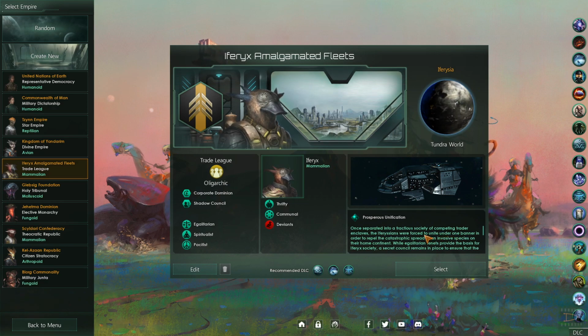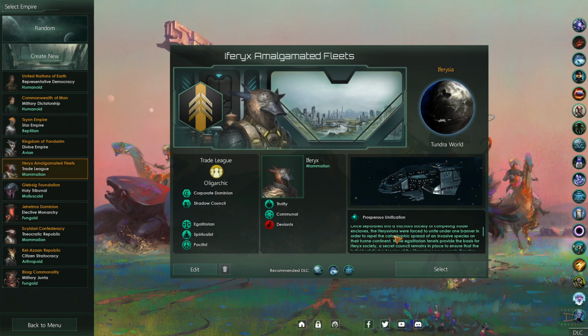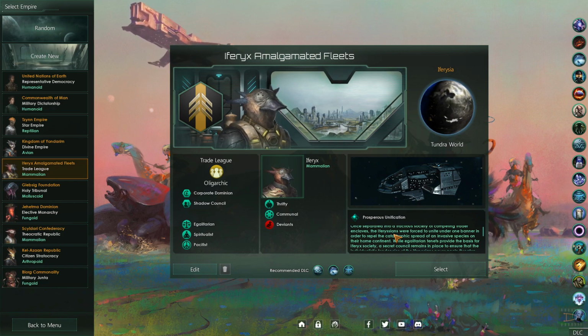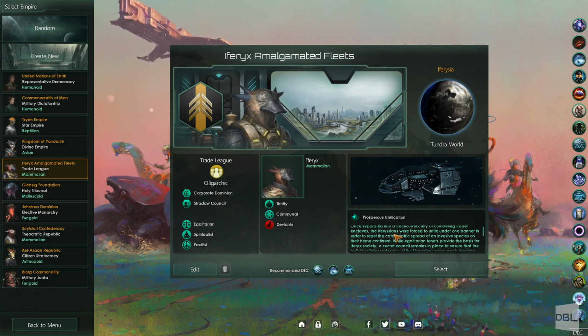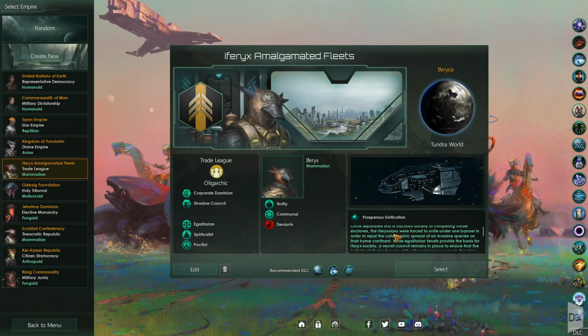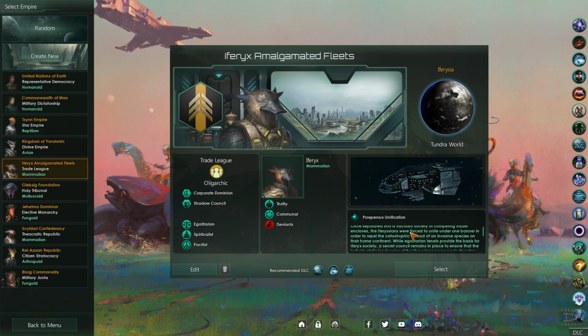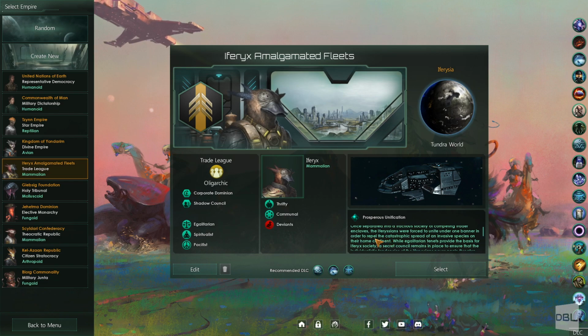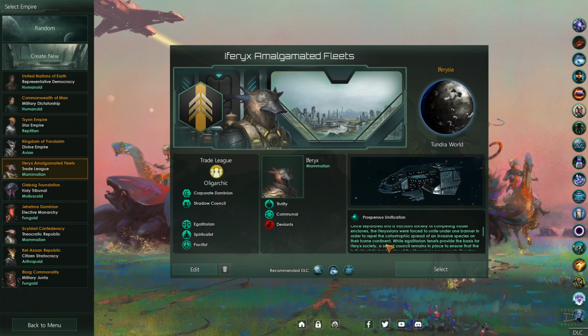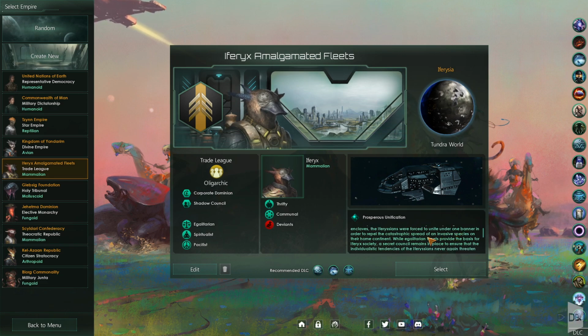Prosperous unification once separated into a fractious society of competing trader enclaves, the Epharisians? I don't know. Were forced to unite under one banner in order to repel the catastrophic spread of an invasive species on their home continent, while egalitarian tenets provide the basis for Etheric society.